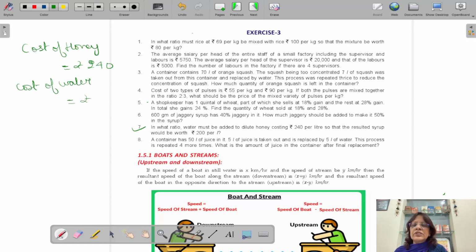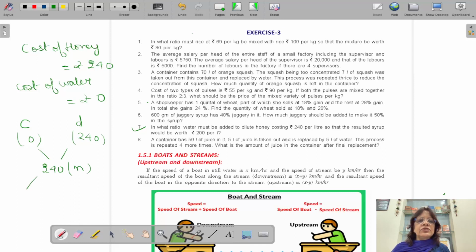Cost of water is rupees 0, so here the cheaper price is 0 and the dearer price is 240. This 200 is your mean price.